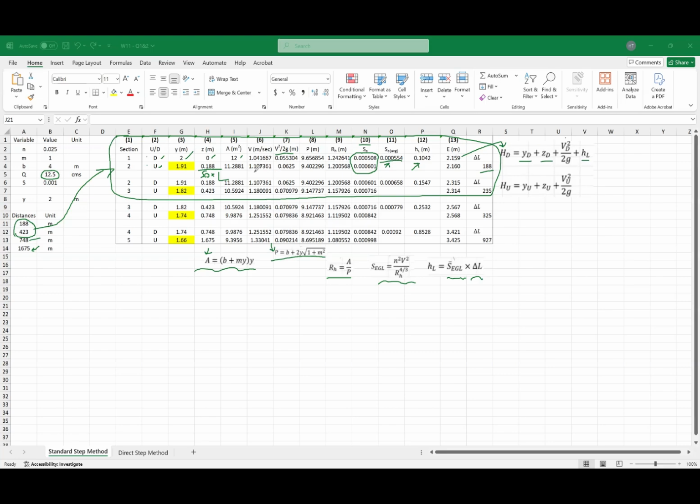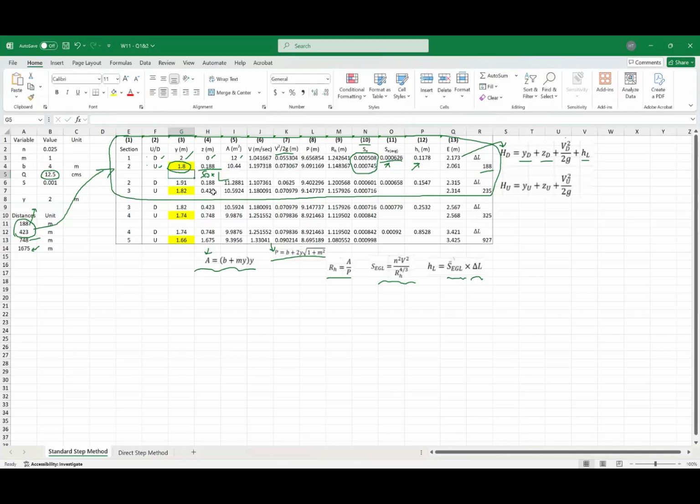And then we need to find the corresponding water depth for 188 meters distance in elevation. Here we are using the trial and error method. For example, the correct value is 1.91.